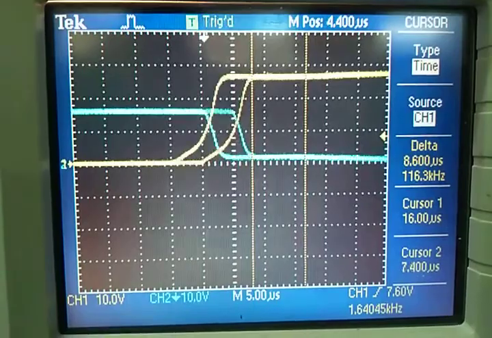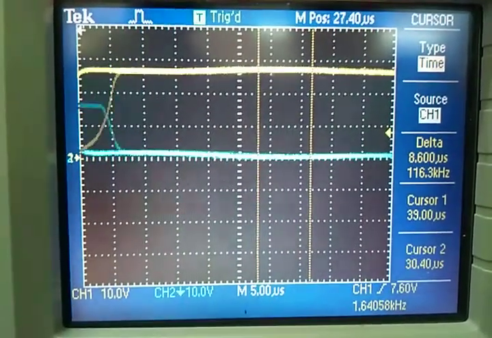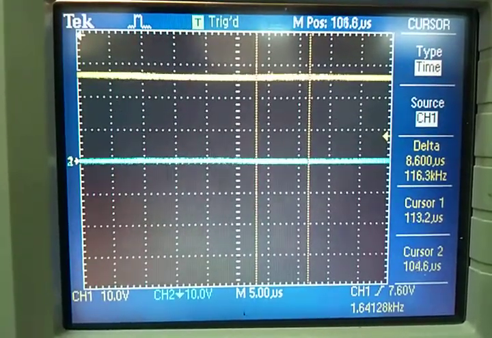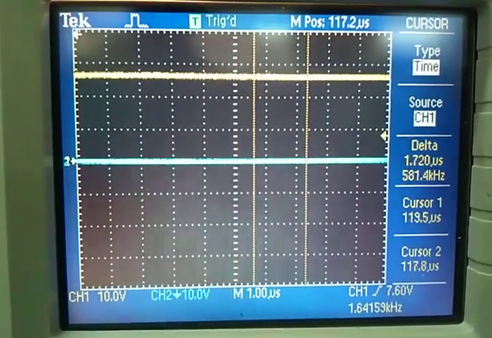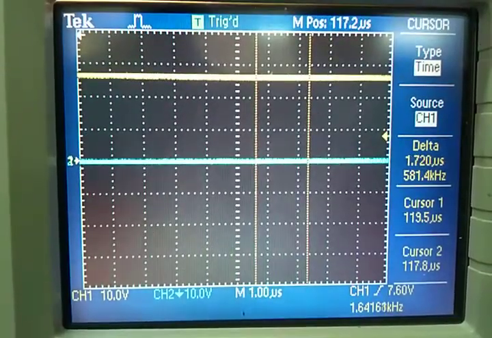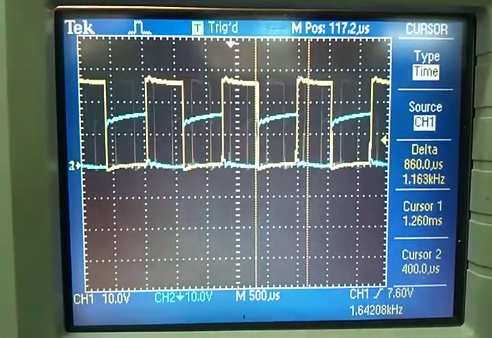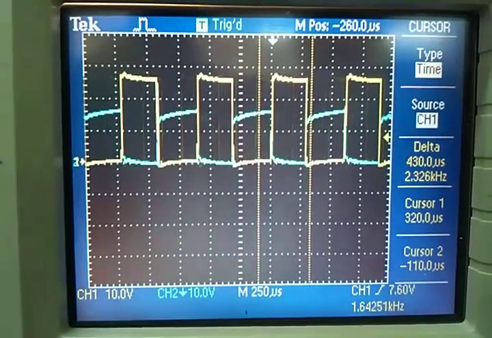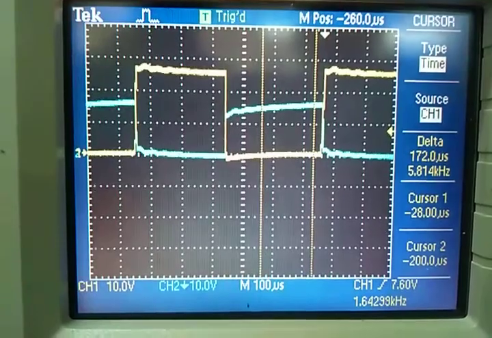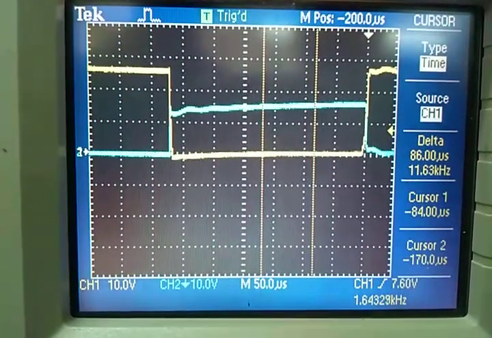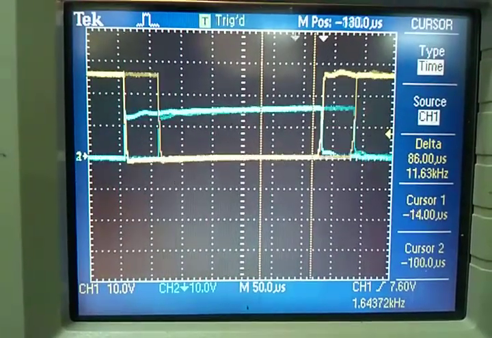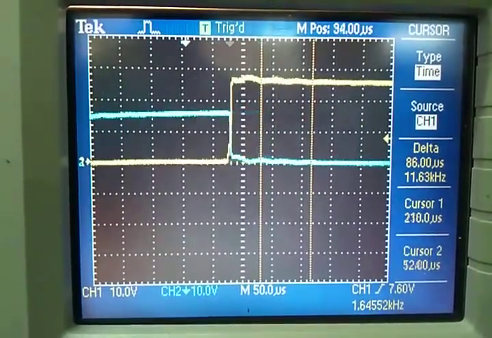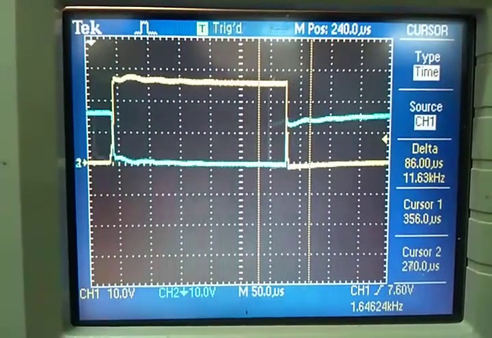For that I am going to shift this characteristic. There is a shift of characteristics required, and we have to observe the turning on action. Here we can see that we are shifting the characteristics towards the turning on.